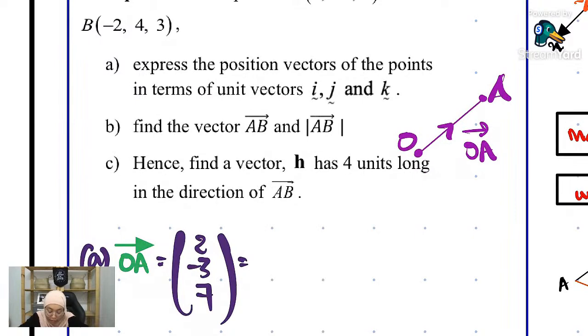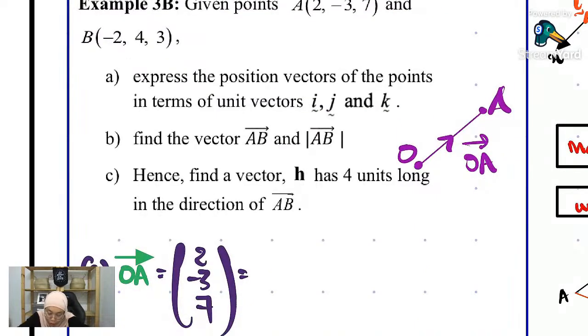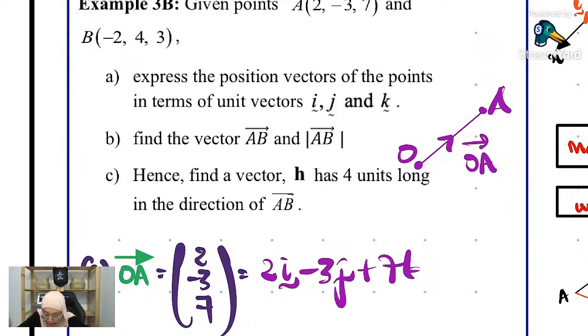Okay, so we cannot write it like this, 2, -3, 7. We gotta express it in IJK. So we gotta write it down back as 2I minus 3J plus 7K.